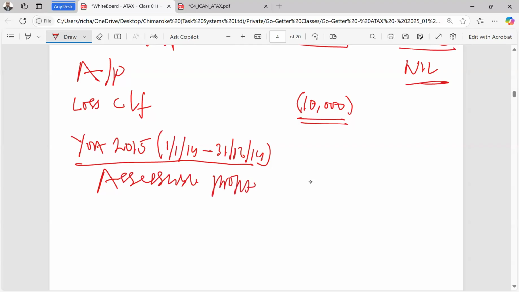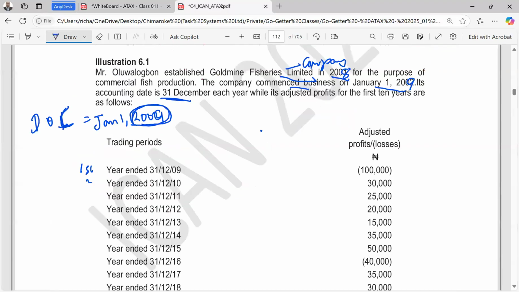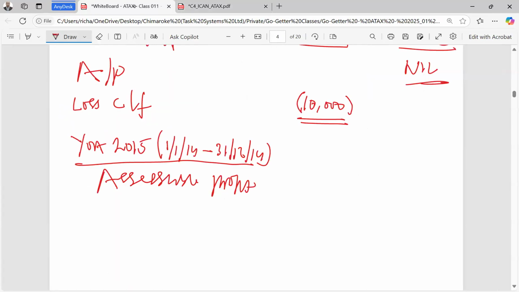We hope so. So let's check for 2014. 2014 has 35,000. So we have 35,000 here. Loss brought forward. Your loss brought forward was 10,000.